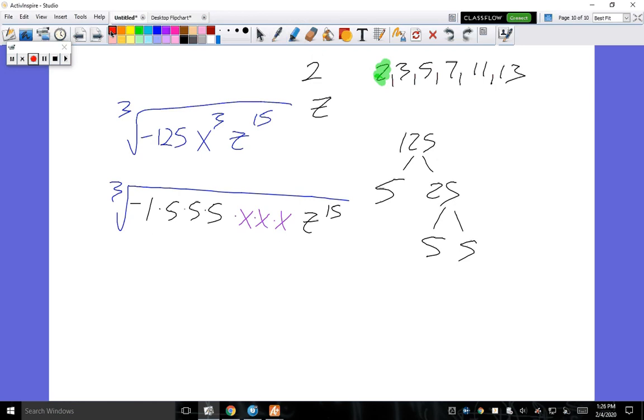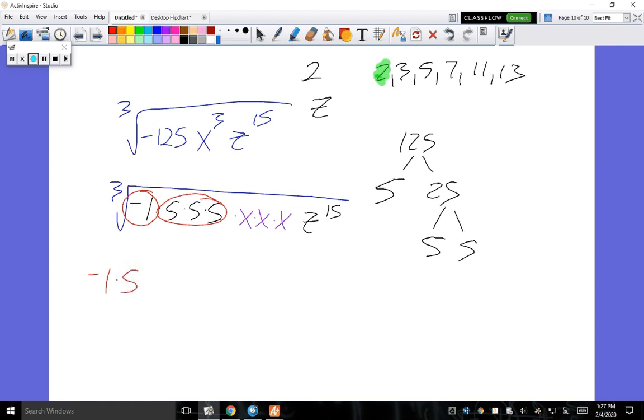Okay, so let's look at our negative 1. Guys, does the negative 1 come out? Yes, as what? As negative 1, because it is cube root, not square root. Okay? Do these 5s come out? As what? 5. Remember, you're going to multiply them.